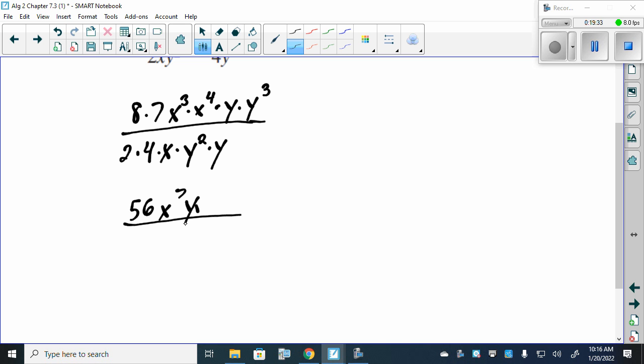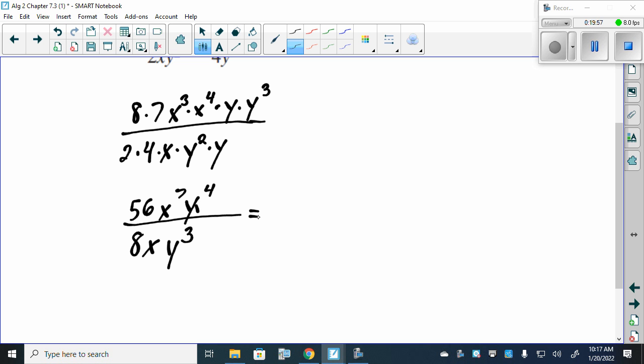And y times y to the 3rd would be y to the 4th. In the denominator, 2 times 4 is 8, x because there's only one of them, and y squared times y would be y to the 3rd.